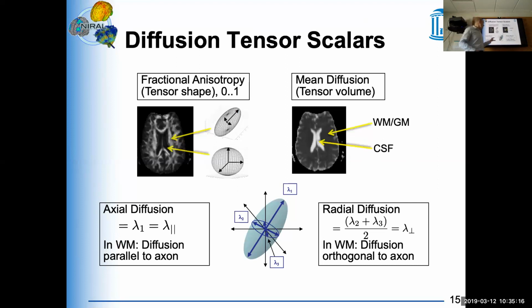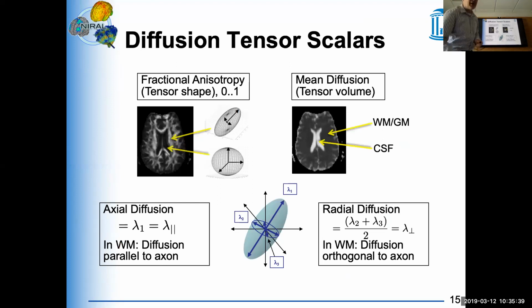These measures are really related to white matter: when you're in a location with a strong fiber bundle, lambda 1 captures the diffusion along the fiber bundle, and radial diffusion captures the diffusion orthogonal to that bundle. That's the idea behind these two.